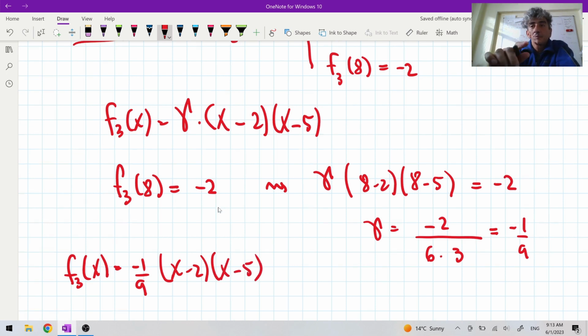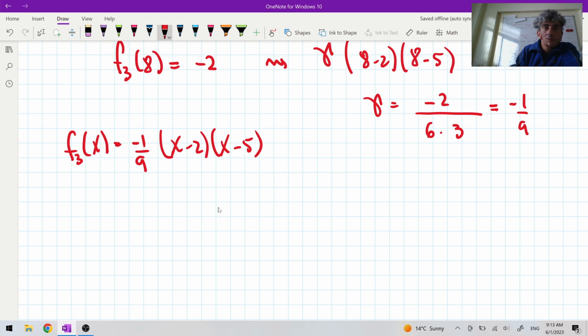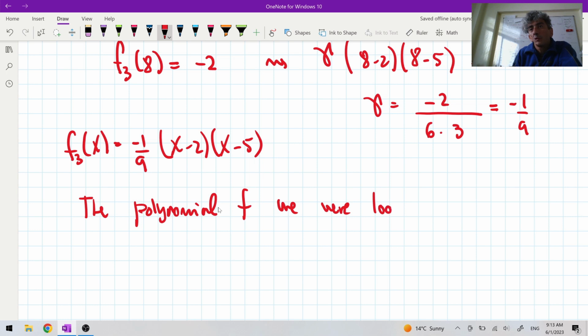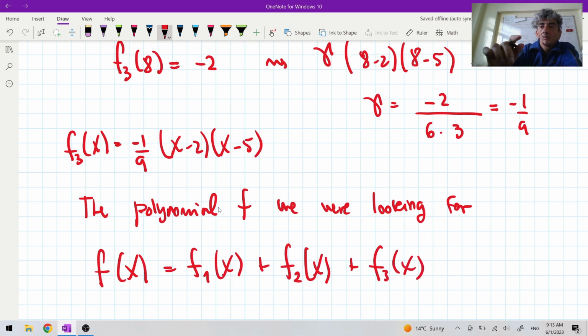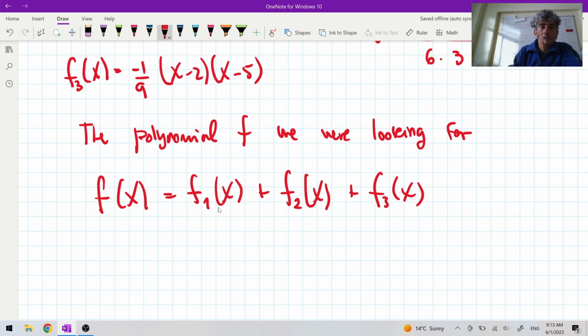Okay, so the polynomial f we were looking for can be written as the sum of f1, f2, and f3. This polynomial, first of all, has degree 2.